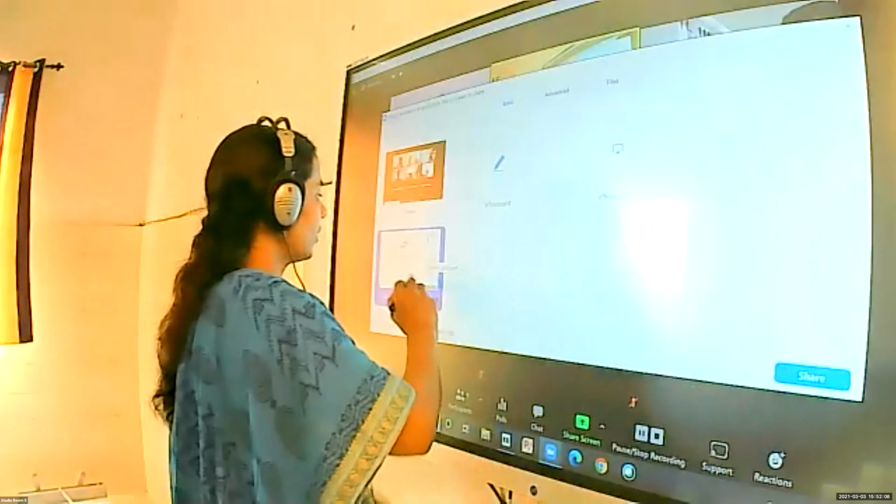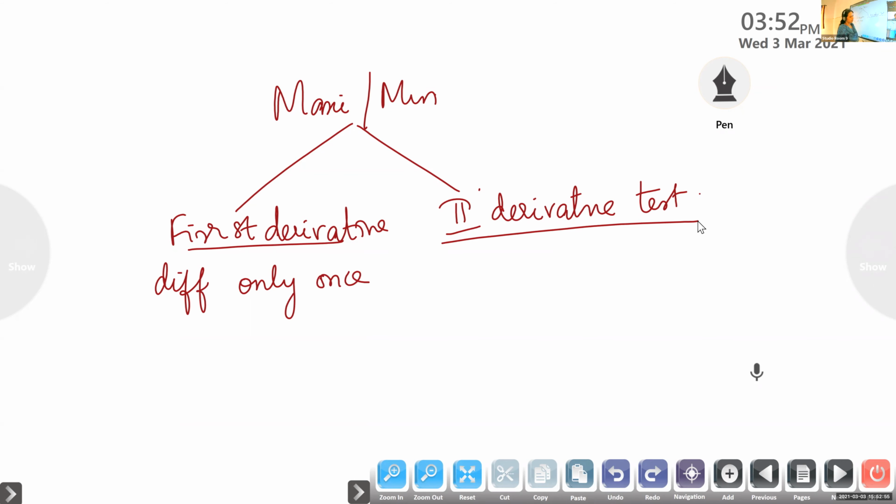The difference is, in the first derivative test we differentiate only once. In the second derivative test we differentiate twice. The first time we get dy by dx, and the second time we get d square y by dx square.